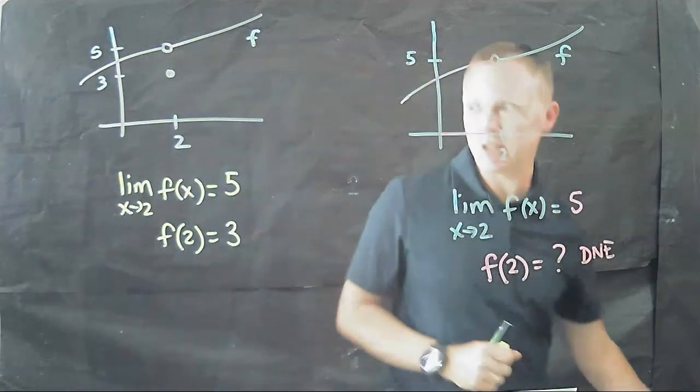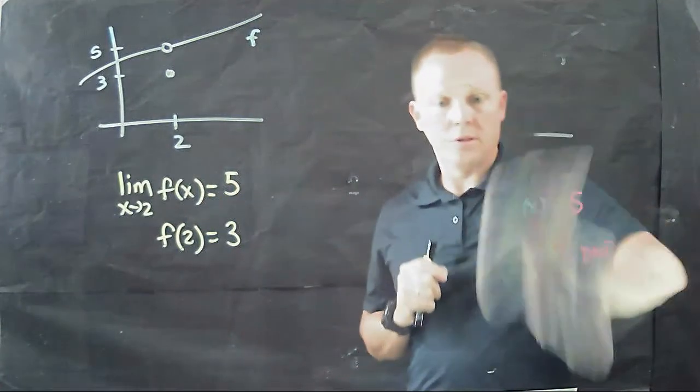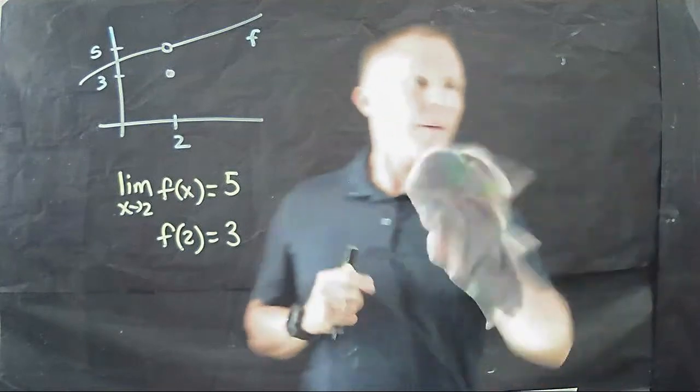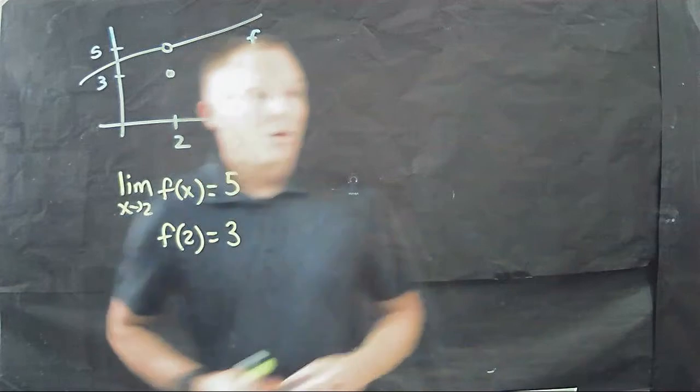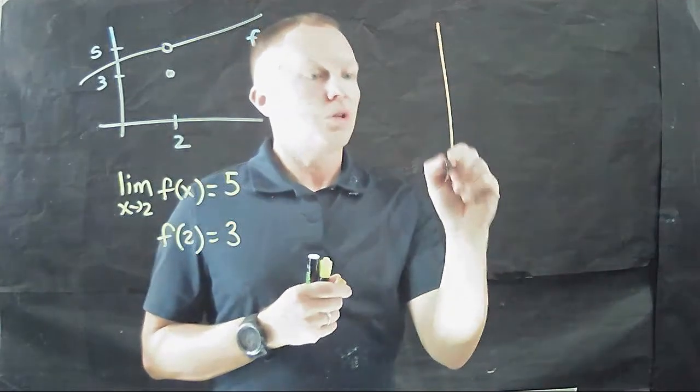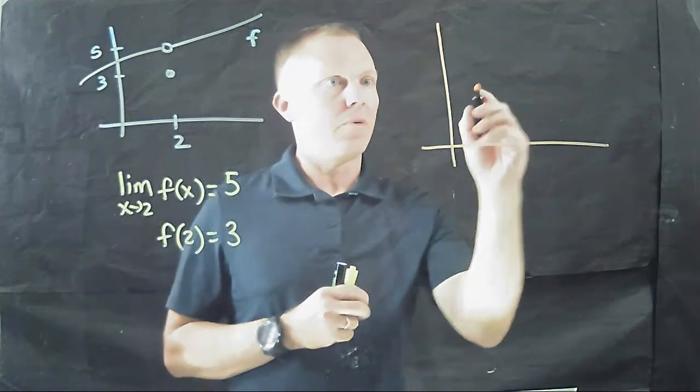Let's make another example. We'll do this one over here. Okay, let's see. All right, let's do orange this time. All right, so we got that nice graph. Here we go. Ready?